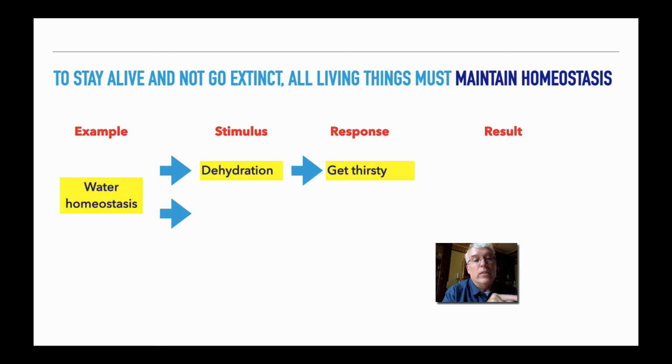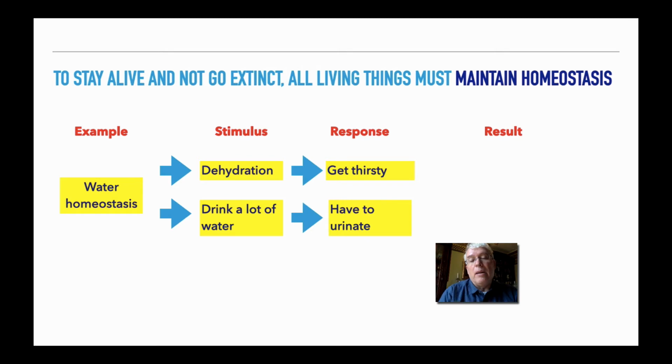Okay, now let's do a different stimulus. What if you drink a whole bunch of water? You come home from school, you're hot, the walk home or the bus ride home or the ride home was really, really hot. You get home, you're thirsty, and you drink one of those big 64-ounce big gulps of a drink, okay, which is mostly water. Now obviously the response here is that your body needs to get rid of some of this extra water, and it's going to do that by increasing your urine output.